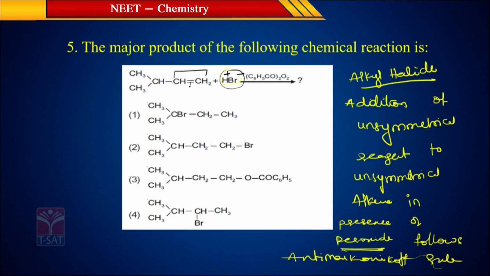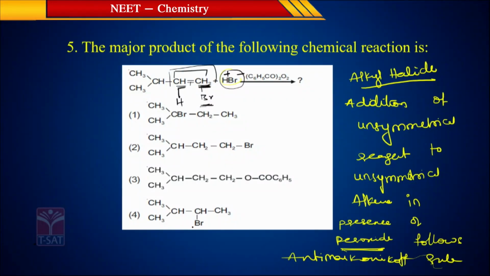Here this carbon has 2 hydrogens and this carbon has 1 hydrogen. So, Br is added to the carbon having more hydrogens, and H to the carbon having fewer. You check only the doubly bonded carbon atoms, break the double bond, and add H at one place, Br at the other.